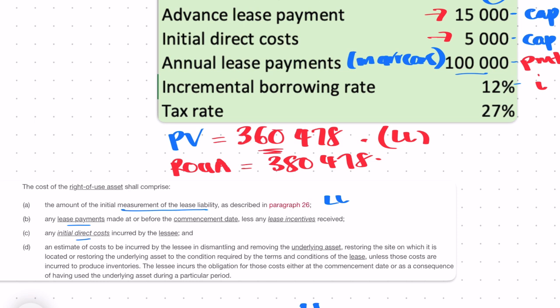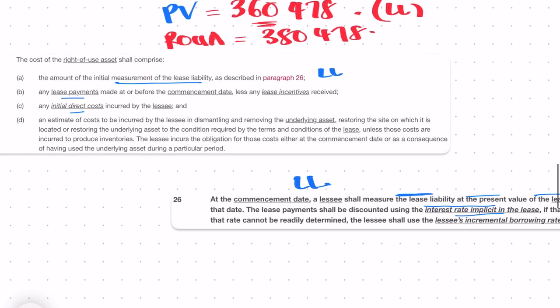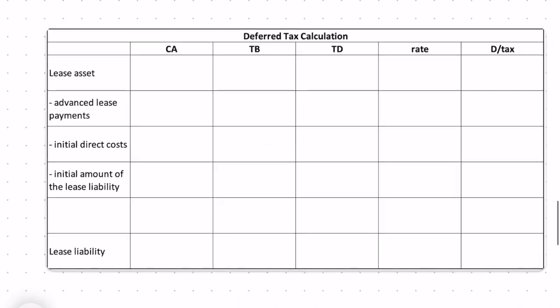Now, when you think about the deferred tax, when we are calculating deferred tax, what I want us to do is think about what happens at initial recognition. I'm going to scoot over here to my calculation for the deferred tax. We want to think about the carrying amount at initial recognition of this asset and the tax consequences. Why is initial recognition so important?